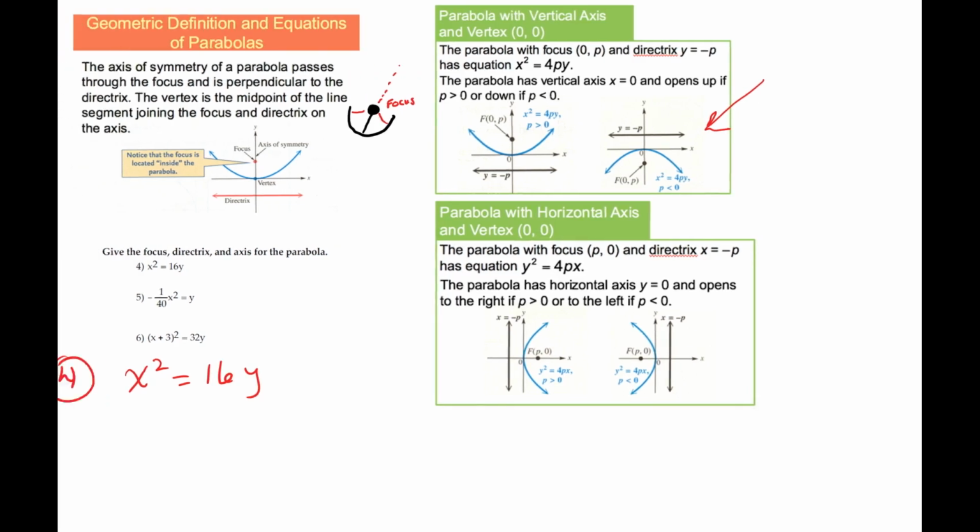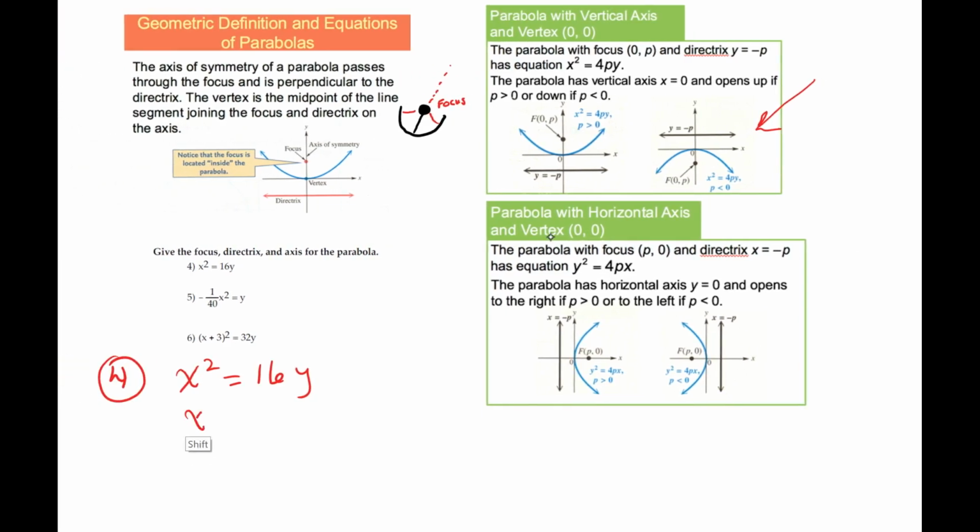The formula says x squared equals 4py. So if you put two and two together, 16 equals 4p, and p must equal 4 because you divide both sides by 4.